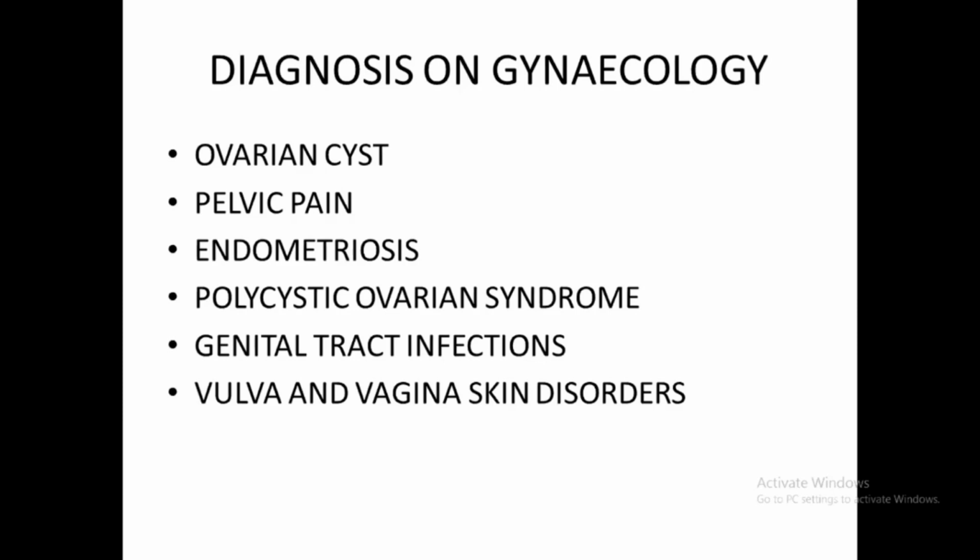IVF is in vitro fertilization. What happens in IVF is they take a fertilized egg from a female and a very good sperm from a male. They develop the zygote, and then they place the grown zygote inside the uterus. This is called IVF or IUI.